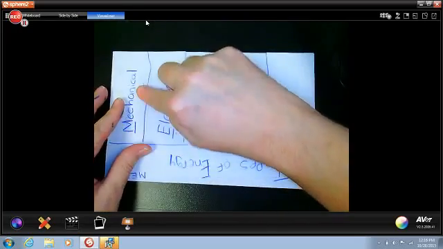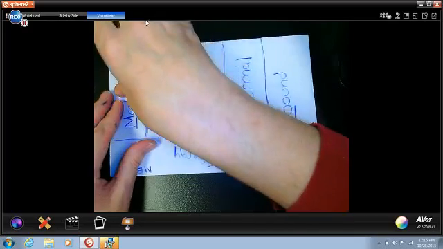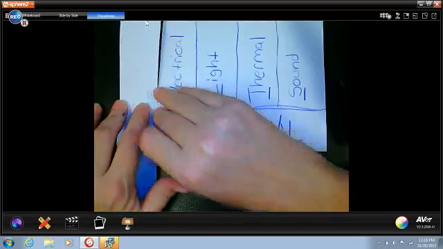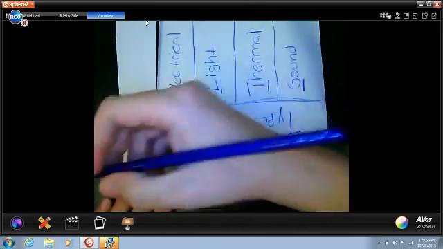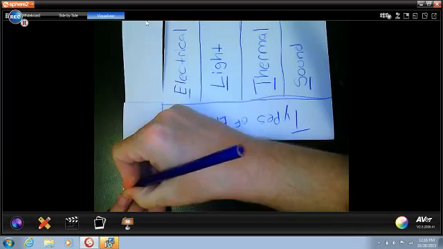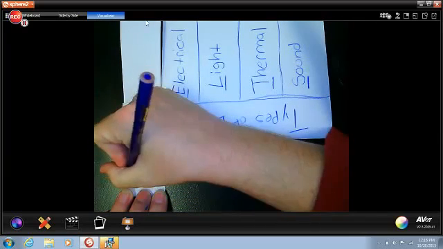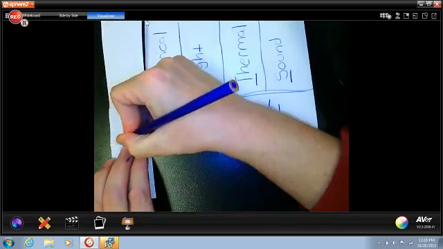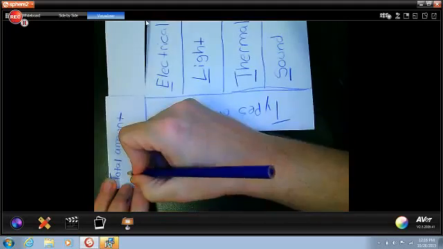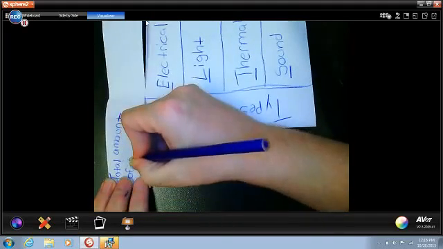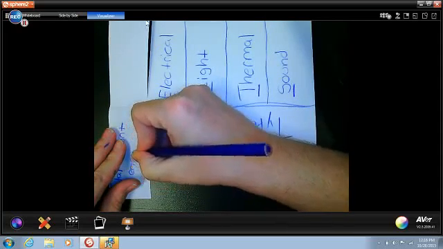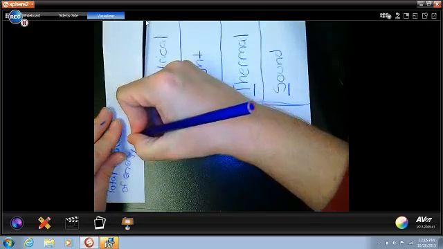So our first word here is mechanical. For the definition, we're going to do this as an example. The definition of mechanical is total amount of energy an object has.